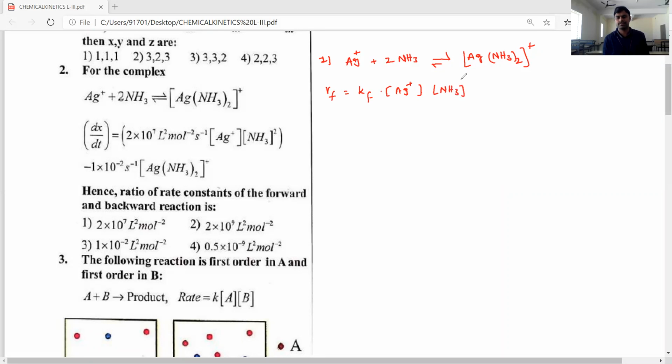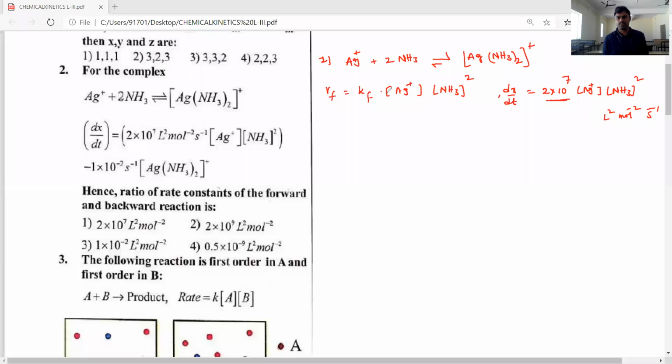If you observe the rate dx by dt, what they gave is 2 into 10 to the power of 7 into [Ag+] into [NH3] whole square, with units liter square mole square inverse second inverse. This is nothing but Kf.